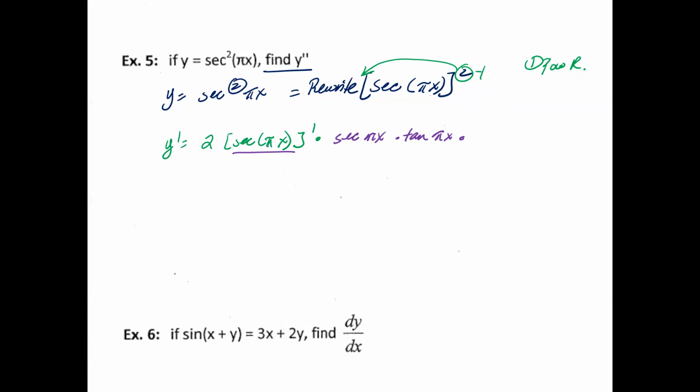There's another times, that u, which is a derivative of pi x. And remember, pi is just a constant, so it's 3.14x. The derivative of 3.14x is just like 2x. Derivative of 2x is just 2, so 3.14x, the derivative of that is just pi.